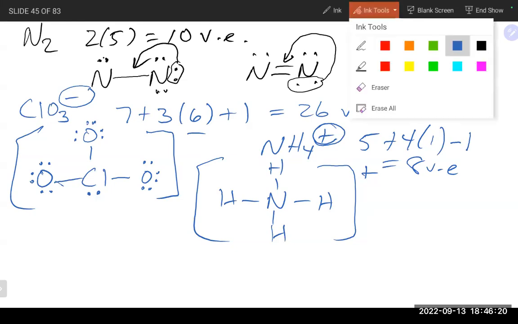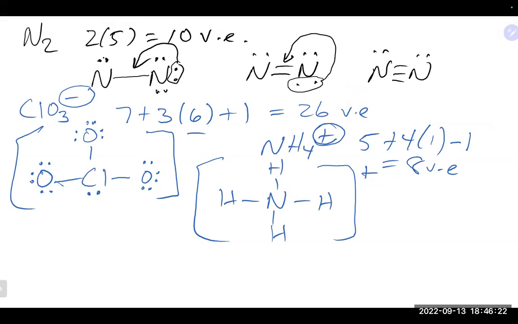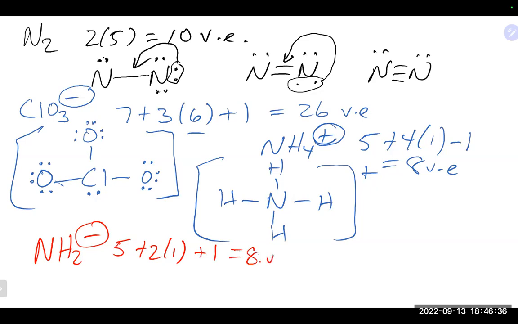Lastly, here we had NH2 minus. We had 5 for the nitrogen, 2 times 1 for the hydrogens, and once again we will add 1 for that. That's going to give us 8 valence electrons here. Nitrogen would be in the middle.